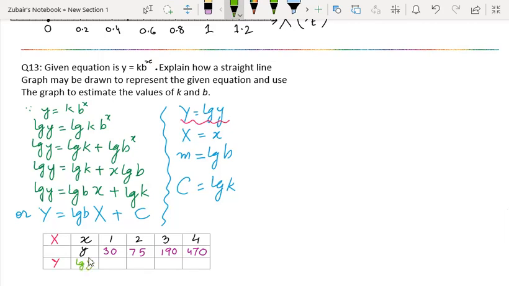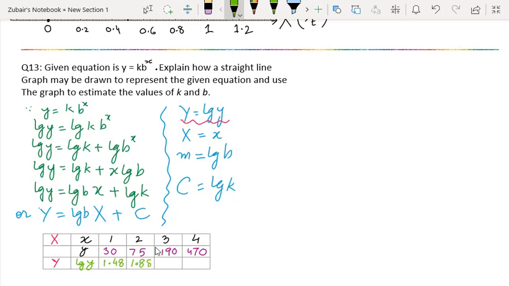If we find LG30, it becomes equal to 1.4771, so I am writing here 1.48. LG75 means 1.875, so I'm writing here 1.88. This is a rounded off value.